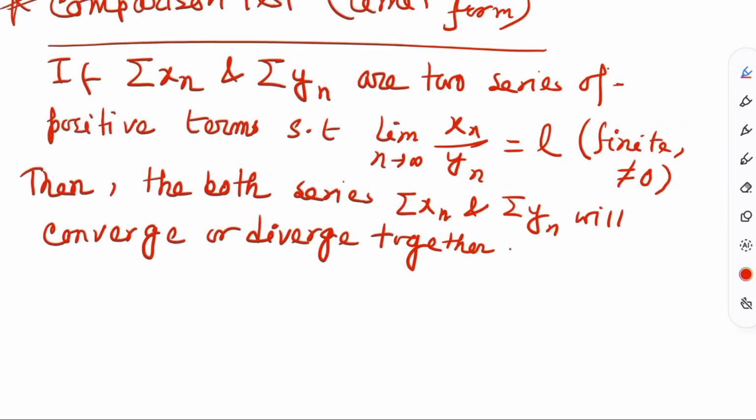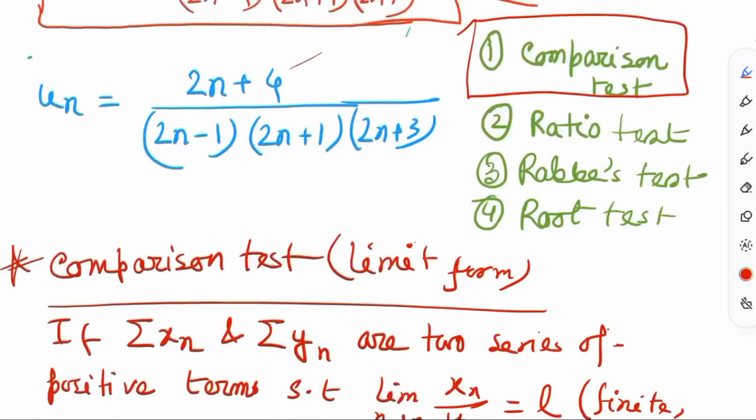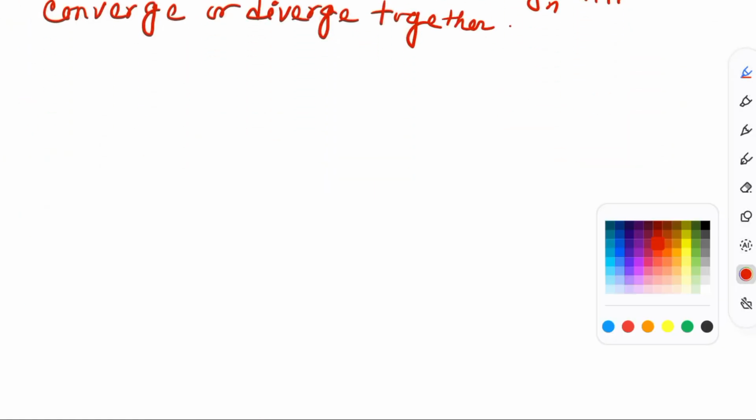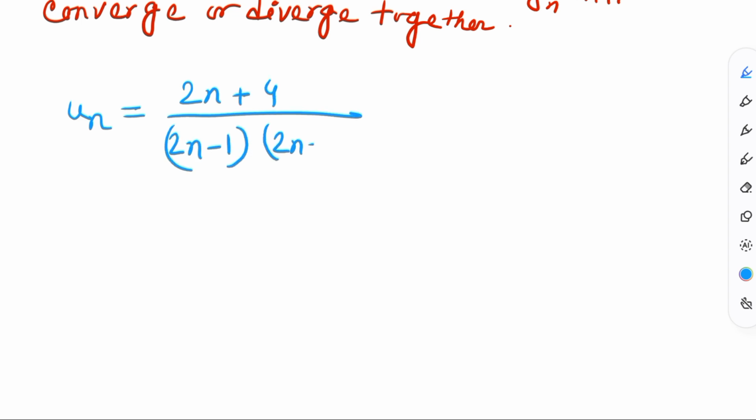Now here we need two series. Now students, from the given nth term of the given series, how can we construct another series? See here, now back to the problem. Here un is 2n plus 4 by (2n minus 1) into (2n plus 1) into (2n plus 3).